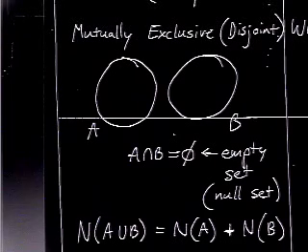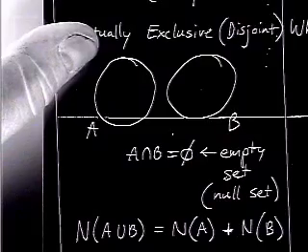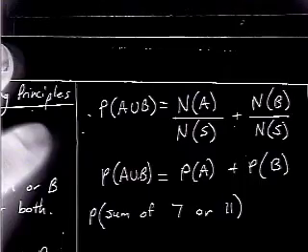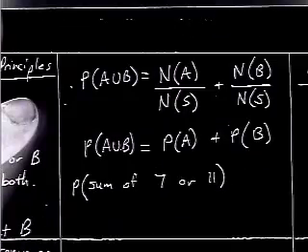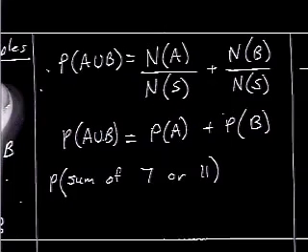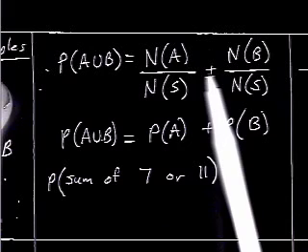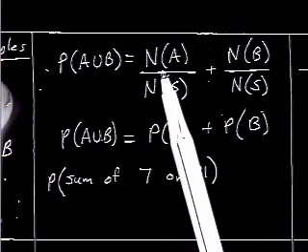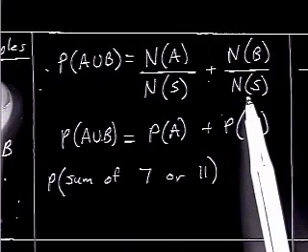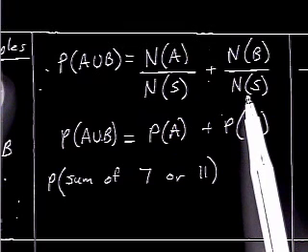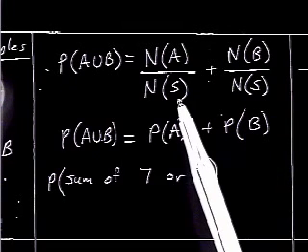And if you want to change this to a probability, it's just the same thing that we had in the last example, except you divide each one of the items by the number of items in the sample space. That's what the capital S stands for.